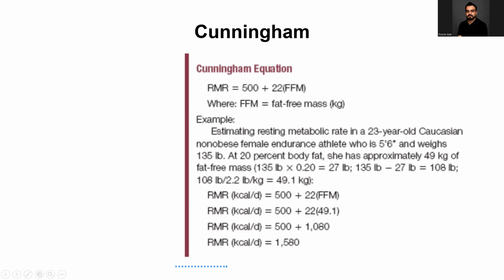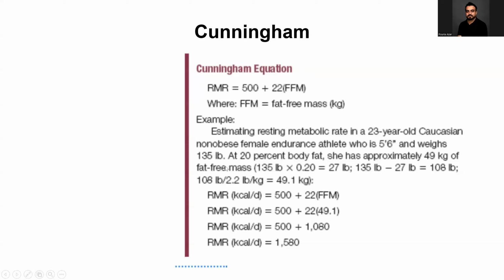So we can conclude that she has 80% fat-free mass, and she has approximately 49 kilogram of fat-free mass. By doing all these calculations, we get 49.1 kilogram. And if we put it in the formula, we get 1580 kilocalorie per day.